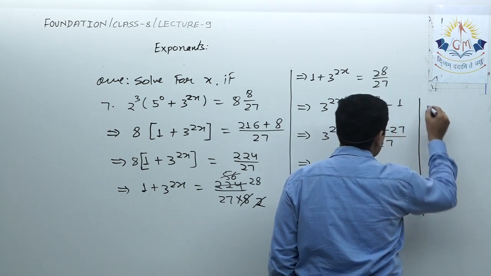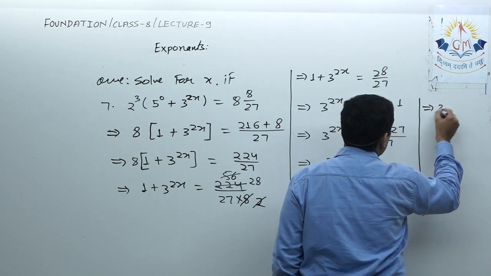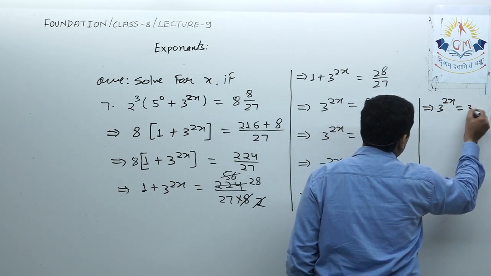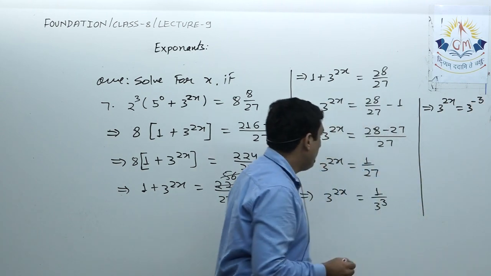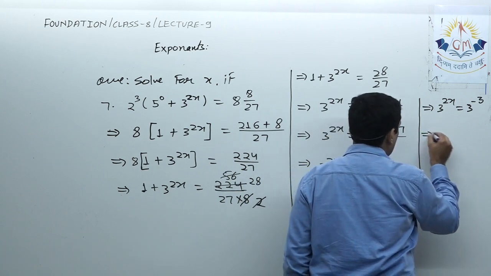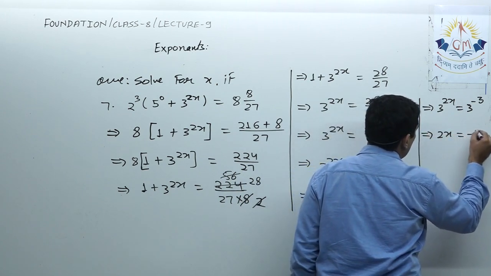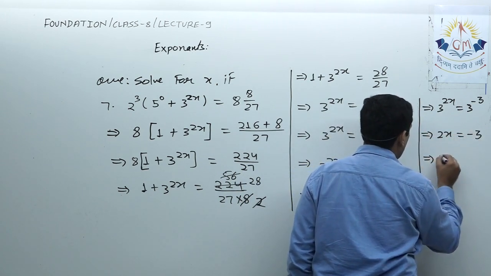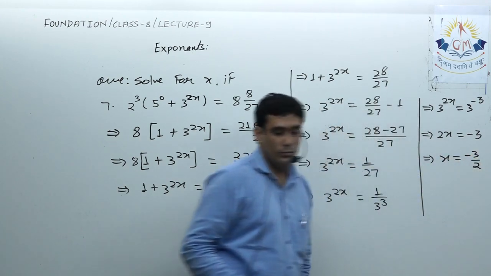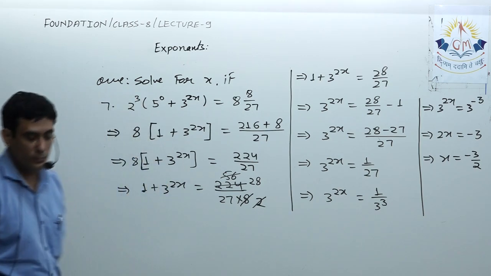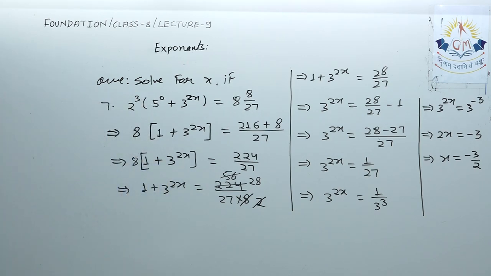So here 3 raised to 2x is equal to 3 raised to minus 3. Okay, therefore I can say 2x equal to minus 3, and hence x equal to minus 3 by 2. So that is my final answer. So please note it down, then we'll see the next question.